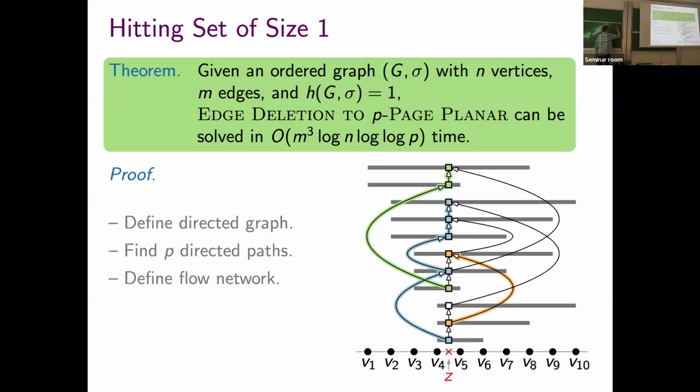It has something going out to T for sure. There's something coming in from S prime. And so I split my vertex into two. And here I put a cost.